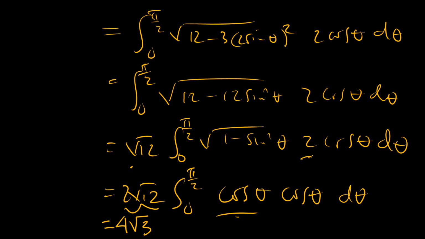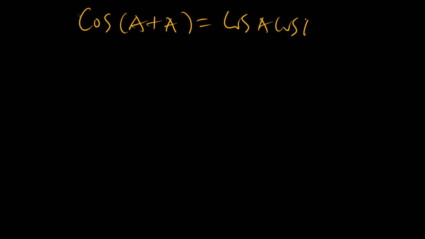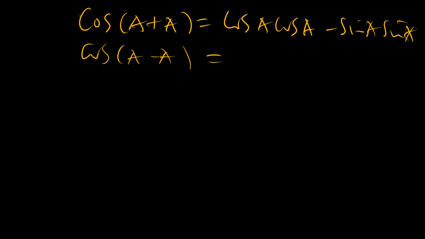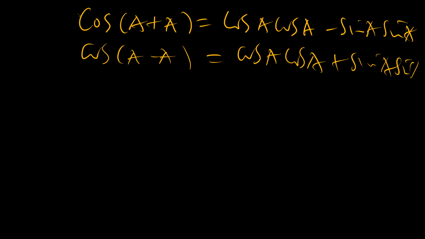And then we can deal with this in the following way. If you have cosine of a plus a being equal to cosine a cosine a minus sine a sine a, and cosine of a minus a is equal to cosine a cosine a plus sine a sine a, right?